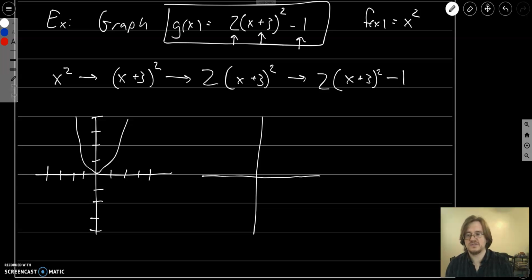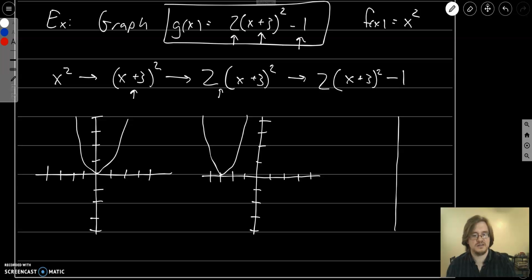And then the first transformation is our horizontal shift. And when we shift this horizontally, when we add 3, that means that we're shifting it to the left. So we've shifted this to the left.